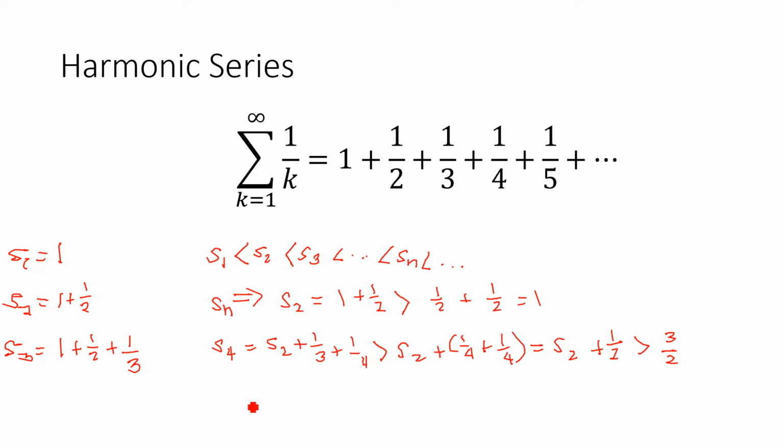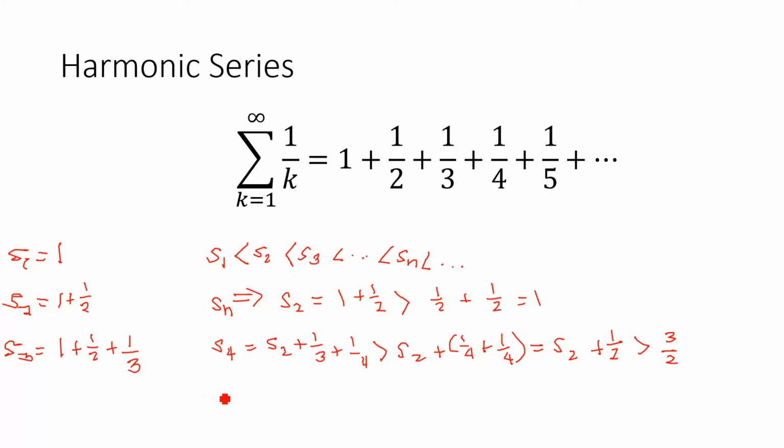Then s sub 16 would be s sub 8 plus 1 half, that is greater than 5 halves. So there's no constant m that bounds the partial sums.